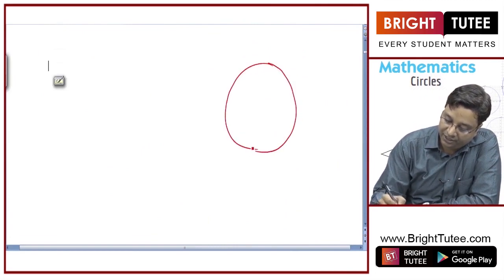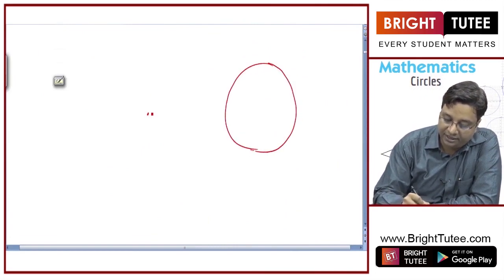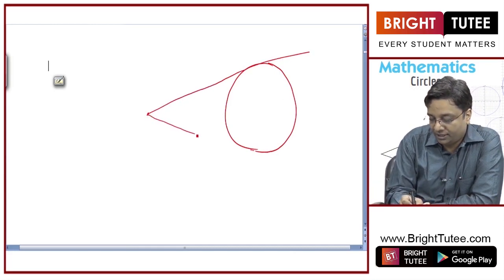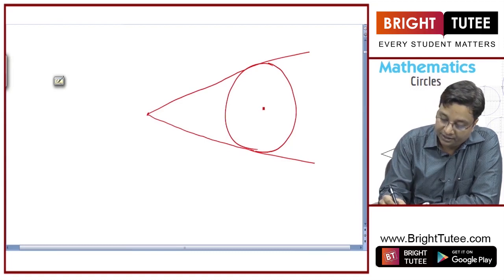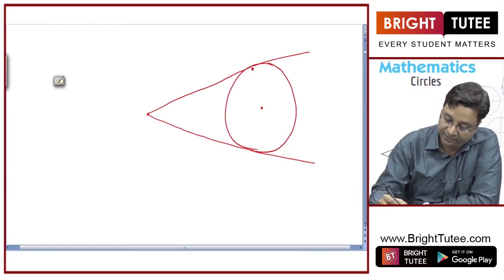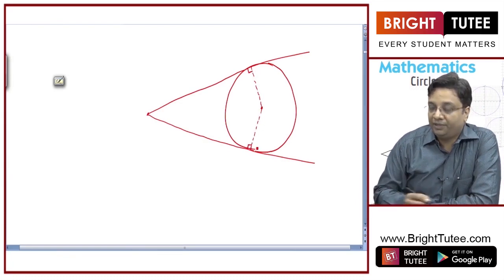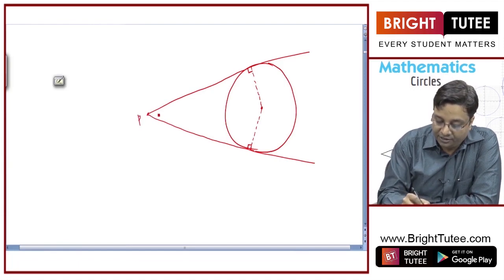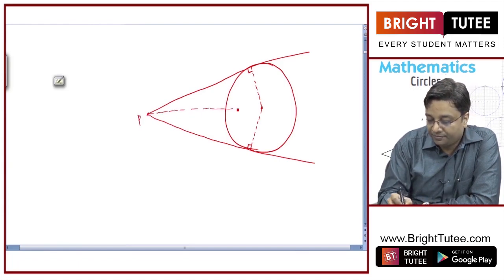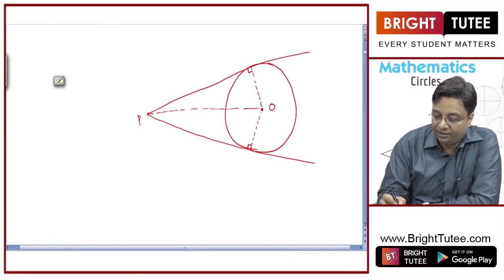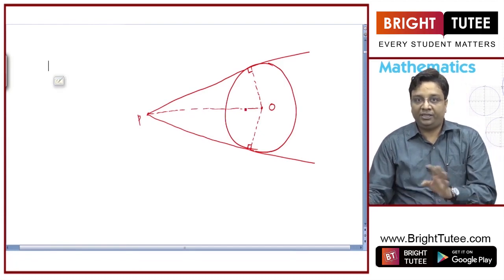So what are the results that we could find in this figure? Let us draw a fresh figure here, and this is the external point. These are two tangents. Let us say this is the center, and let's join the center with the points of contact. So this angle will be 90 degrees, and let's join this point with the center here. Now I am not naming these points.